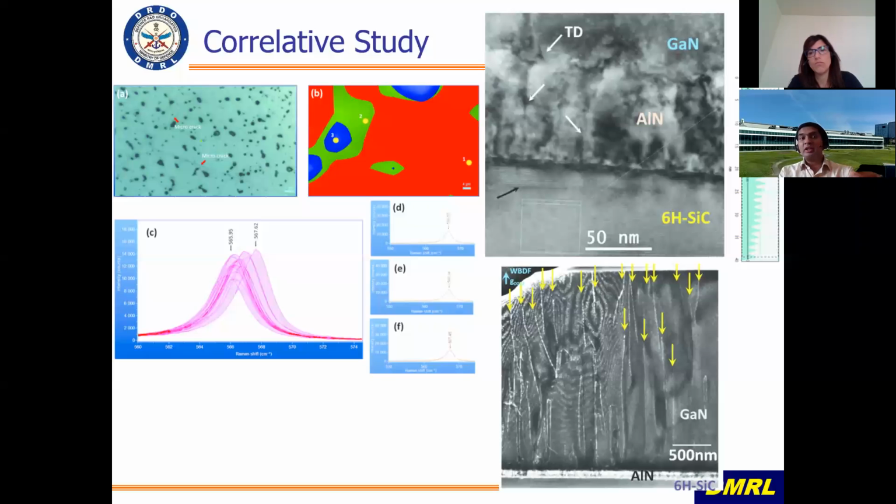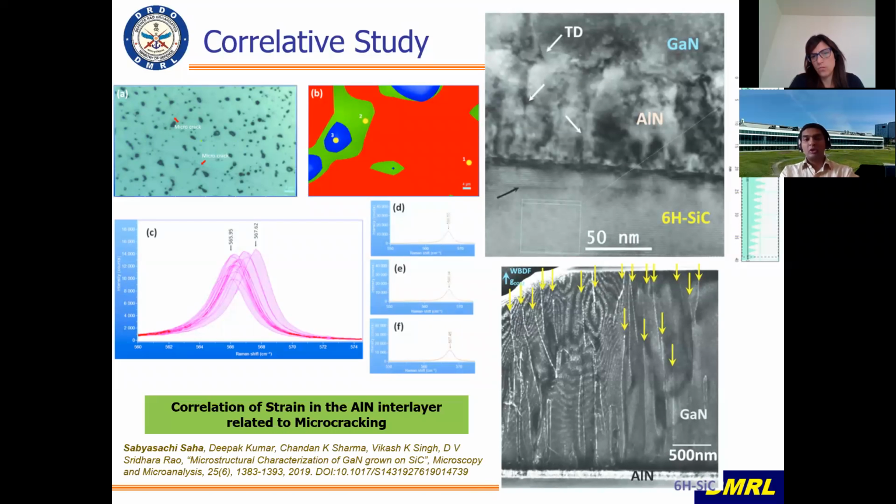We even correlated it with the XRD studies from that gallium nitride film to estimate the strain and also the dislocation densities, and they all come in close orders. This was one of the works recently published in Microscopy and Microanalysis, where we correlated the strain measurements using Raman spectroscopy with the XRD and the TEM.